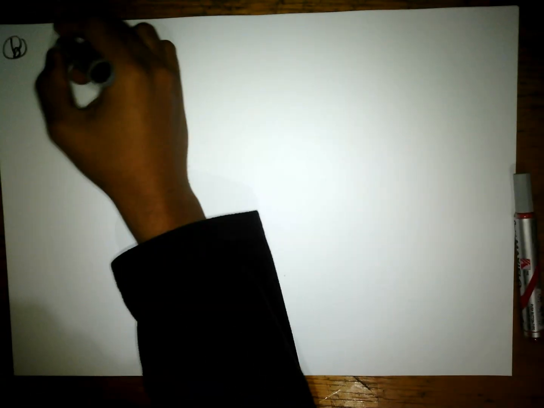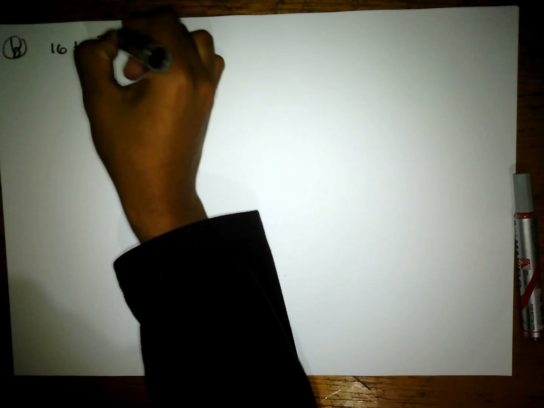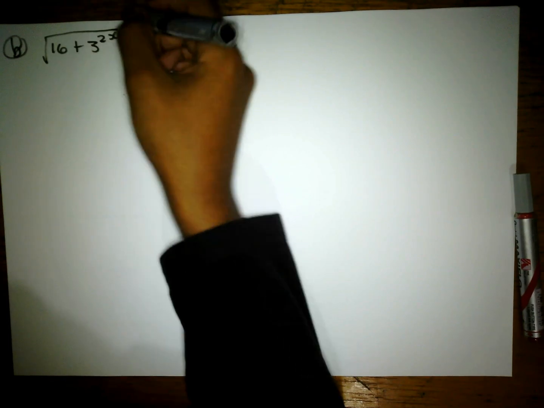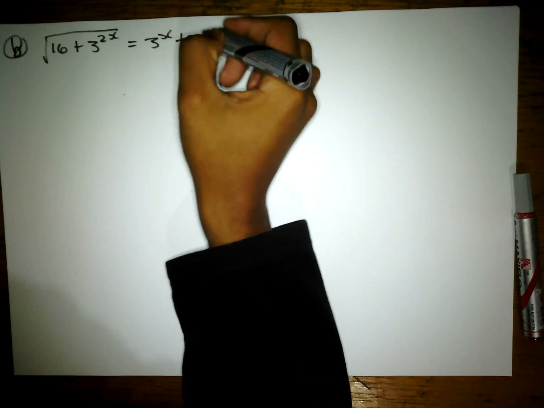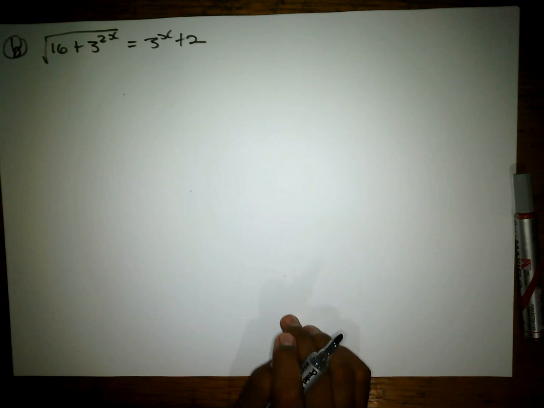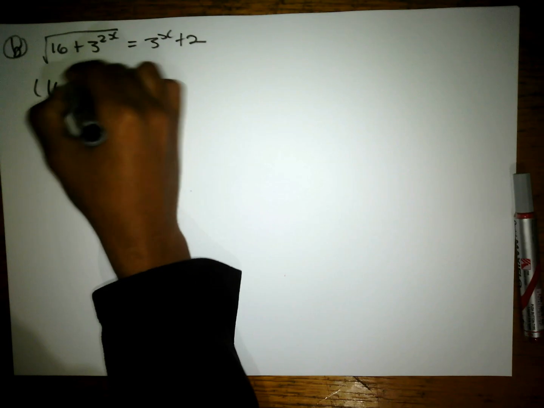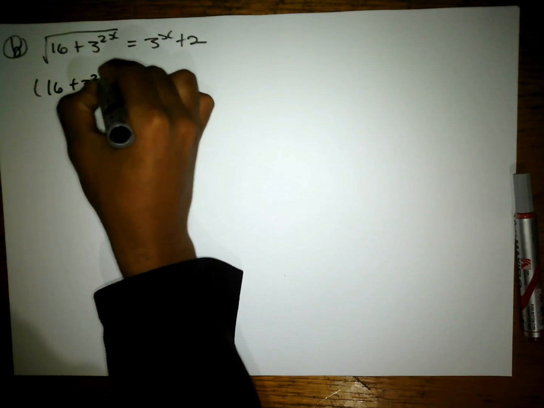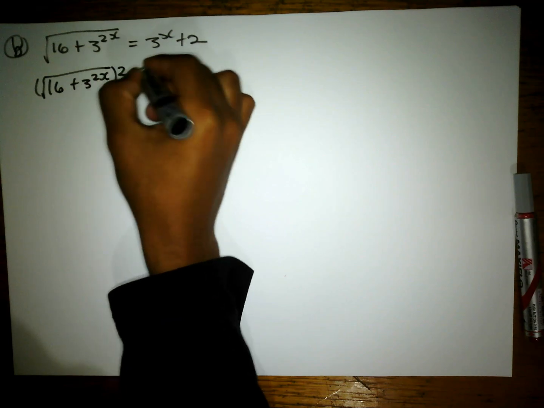Next one. So 16 plus 2 equals. So what do we do? We square both sides.